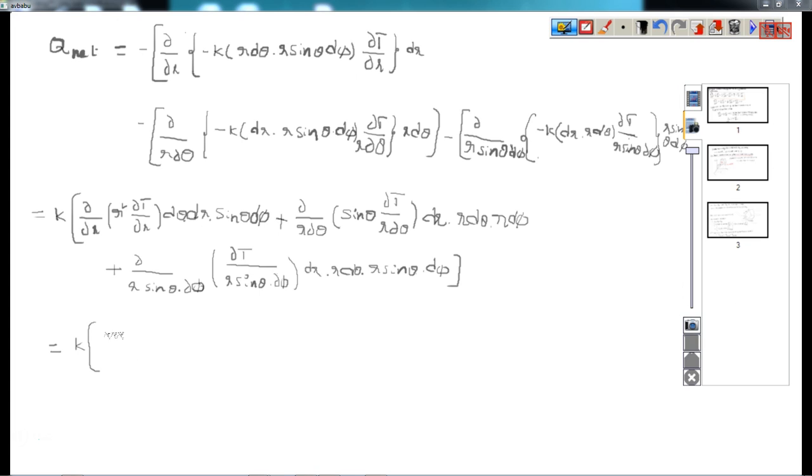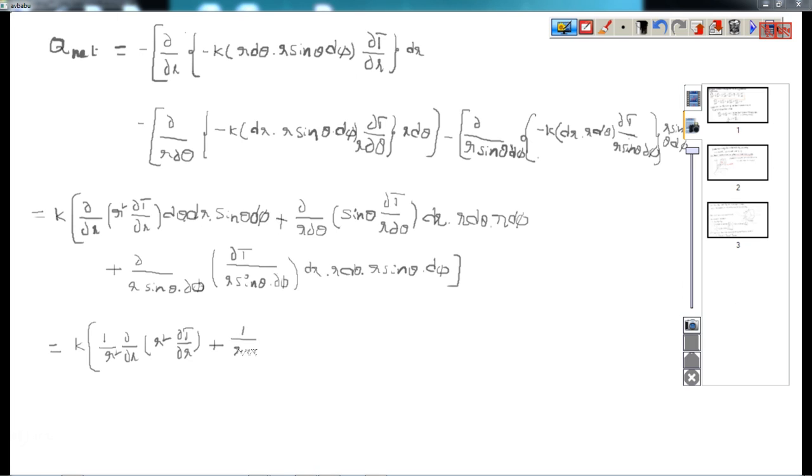I will take 1 by r square as common, into dou by dou r, keeping r square as it is, dou t by dou r. Plus here r into r square, therefore 1 by r square.